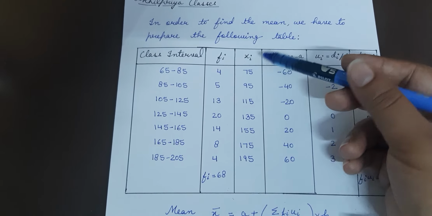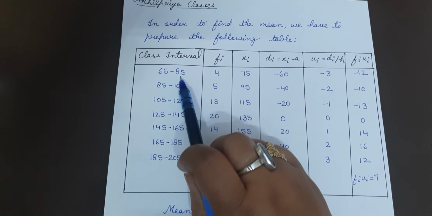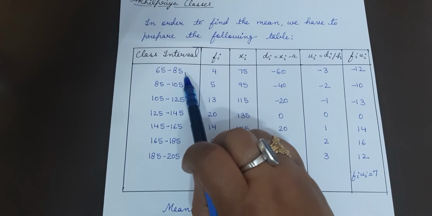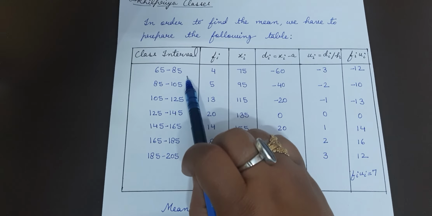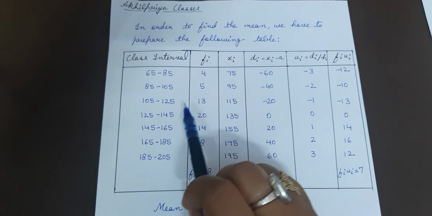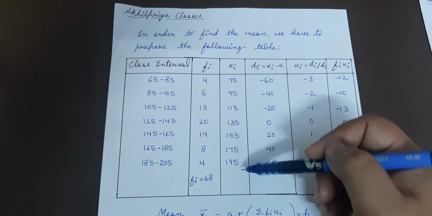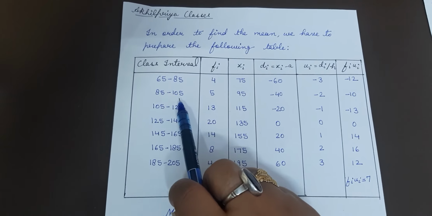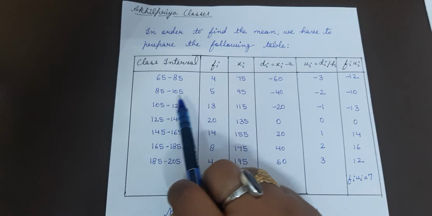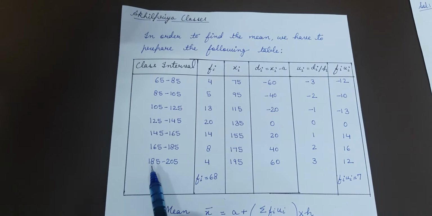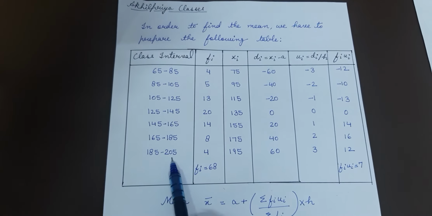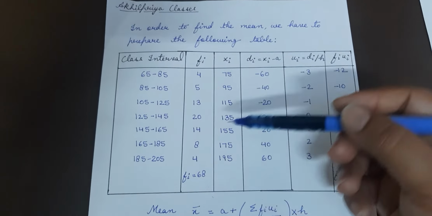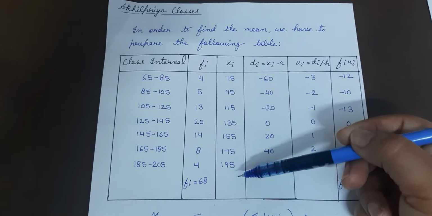The value of xi will be calculated as 65 plus 85 divided by 2, that comes out to be 150 divided by 2, that is equal to 75. Similarly, we have done exactly the same with all the numbers: 85 plus 105 divided by 2 comes out to be 95, and up to 185 plus 205 divided by 2 is equal to 195.